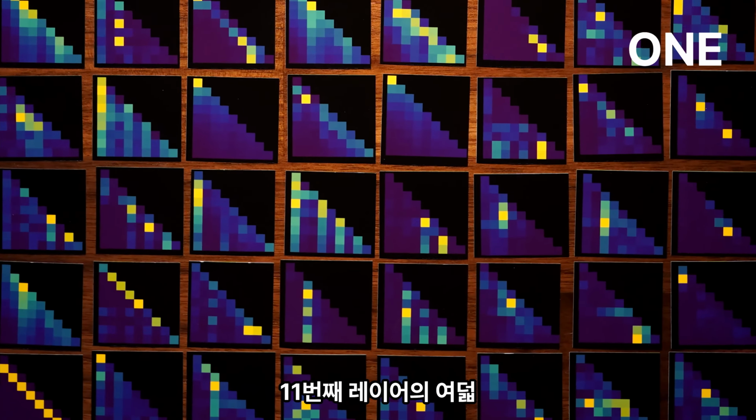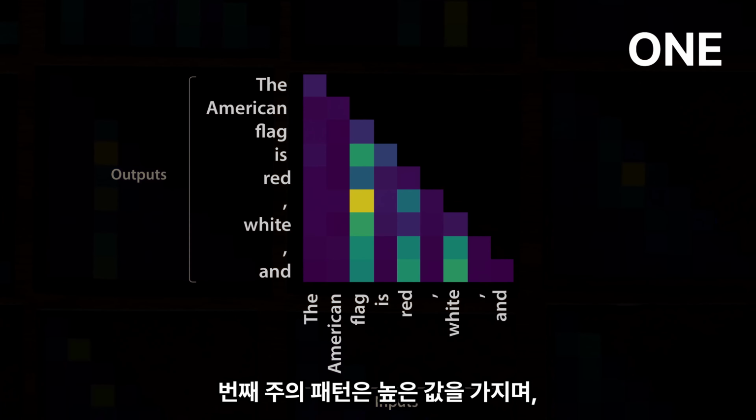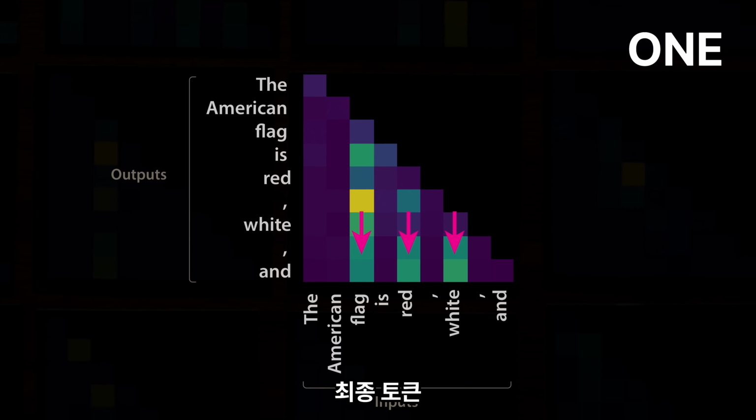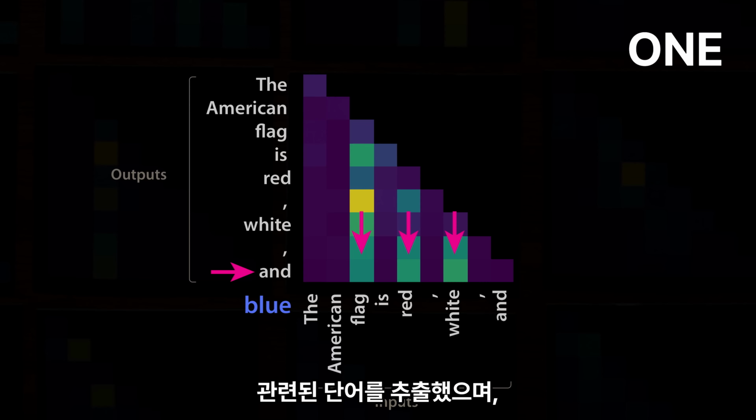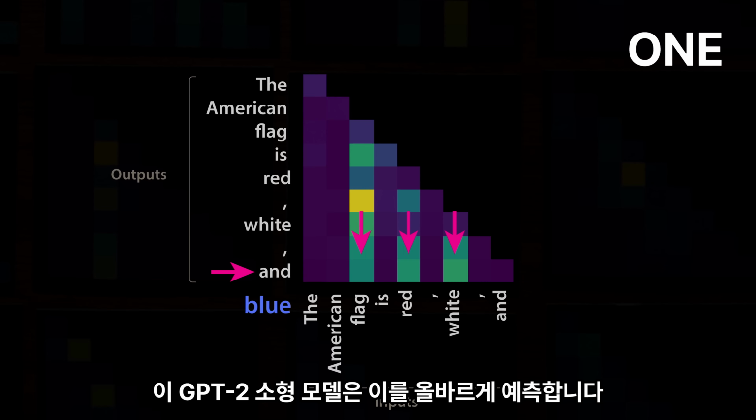This 8th attention pattern in the 11th layer has high values, mapping the words flag, red, and white to the output of the final token and. This attention head has pulled out words in our input that are relevant for predicting the correct next token of blue, which this GPT-2 small model does correctly predict.